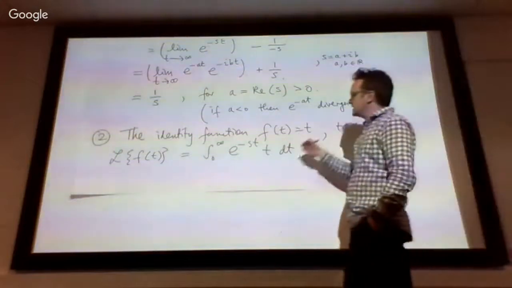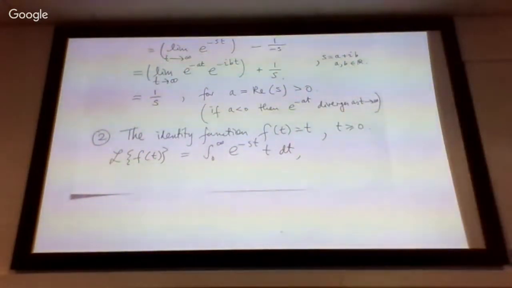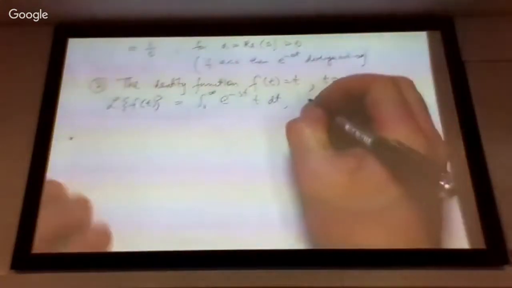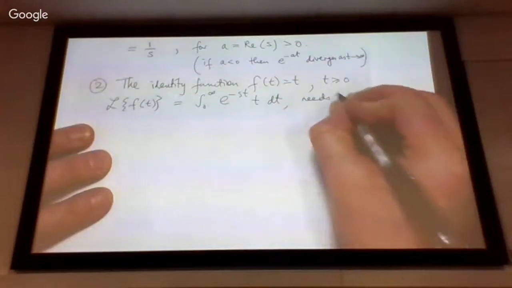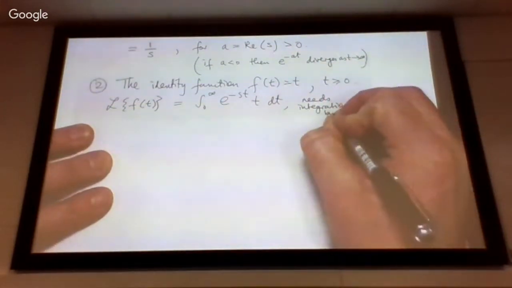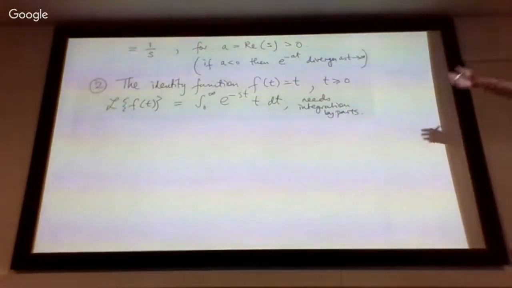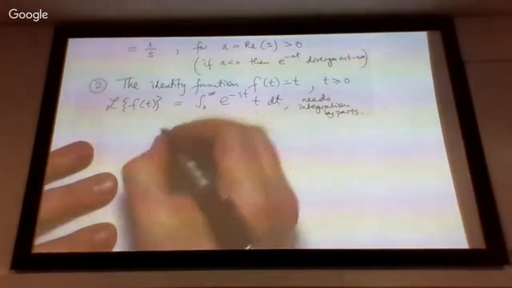Okay, it's slightly more complicated. This time we have to integrate the exponential multiplied by t. But that kind of thing, we can see that this needs integration by parts. So you can either look up what the integral of t times an exponential is, or you could carry out the integration by parts.